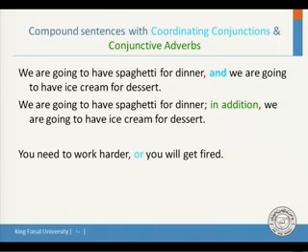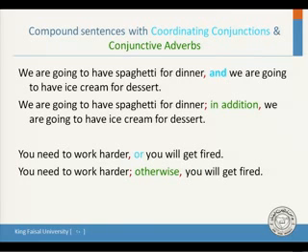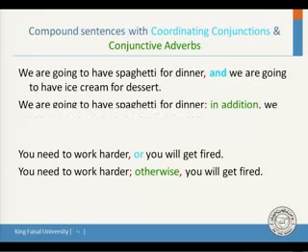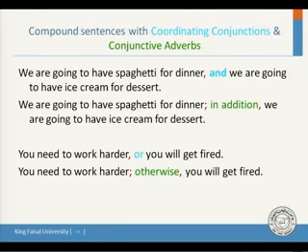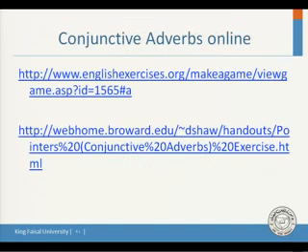You need to work harder or you will get fired. You need to work harder, otherwise you will get fired. So, you see, these two sentences have the same meaning. And these two sentences have the same meaning. More about conjunctive adverbs: online, you can go online and study more about them.